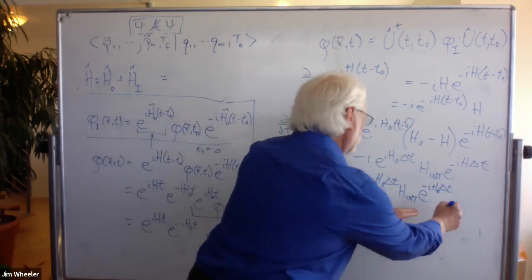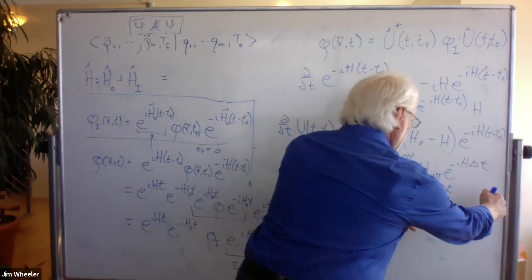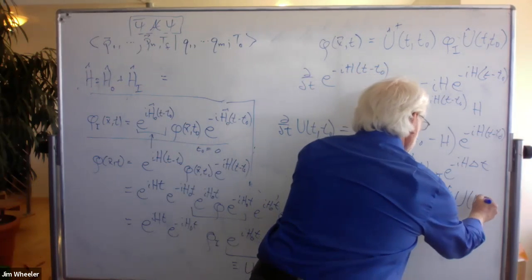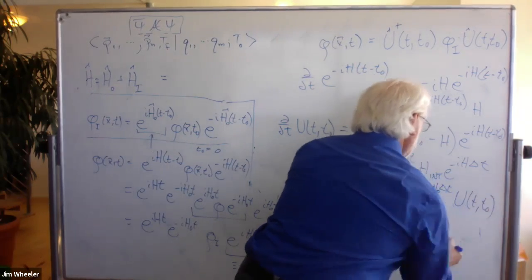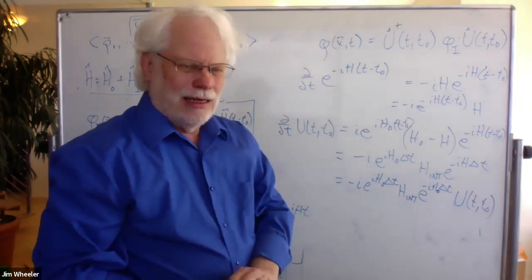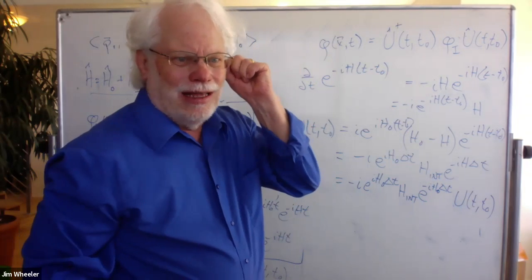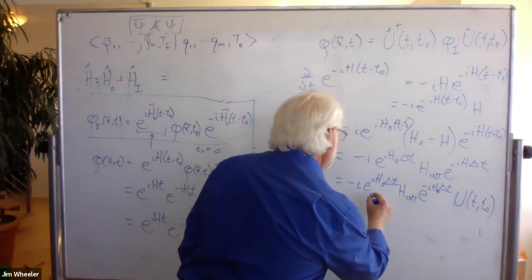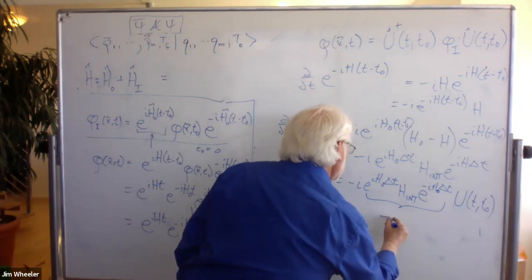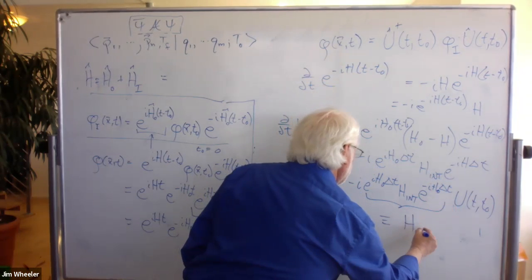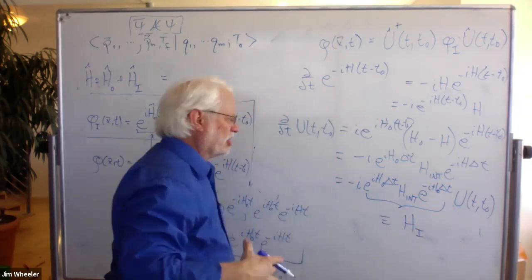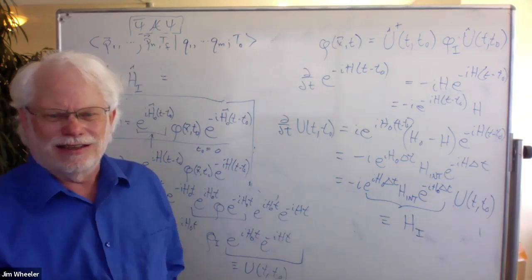U is that product. So half the identity goes into giving me another U here. And now I'm going to define this thing to be my interaction picture Hamiltonian.